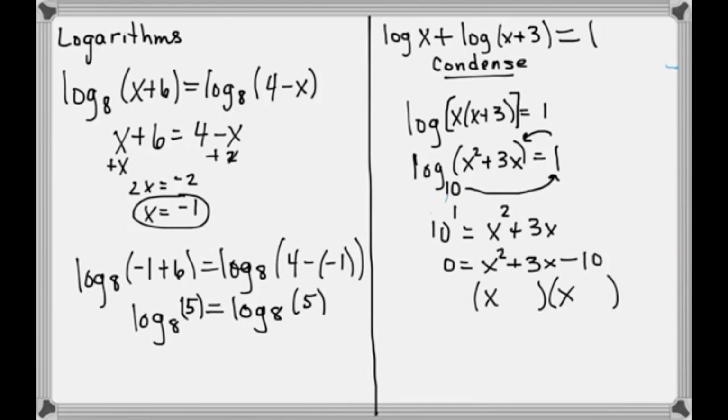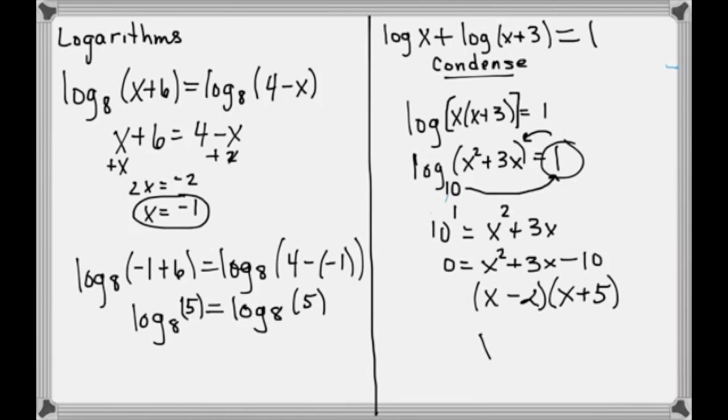It's going to be a 5 and a 2. Which one's positive? 5's positive because the 3's positive. It's the larger number. It gets the first sign. The last sign's negative, which tells me that they're different signs.